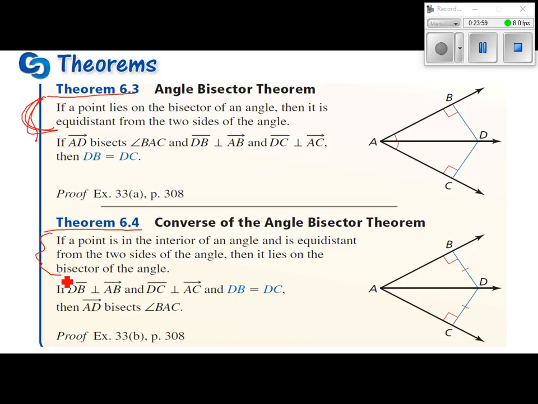The second one is the converse, so it just turns it around. The first one says, if a point is on the angle bisector, then it's equidistant from the two sides. The second one says, if some point is equidistant from the two sides, then it must be on the angle bisector. Turns it around.